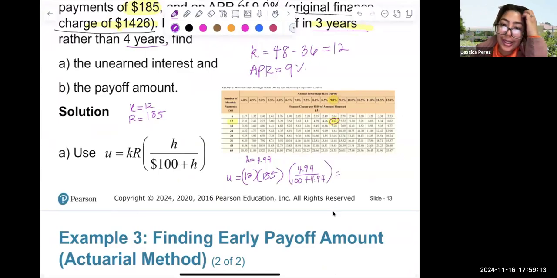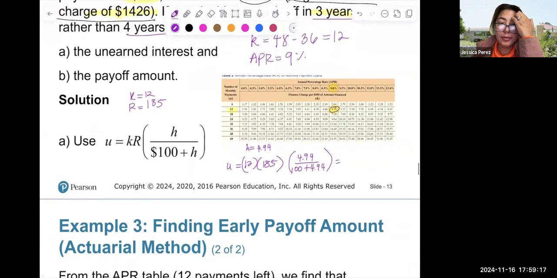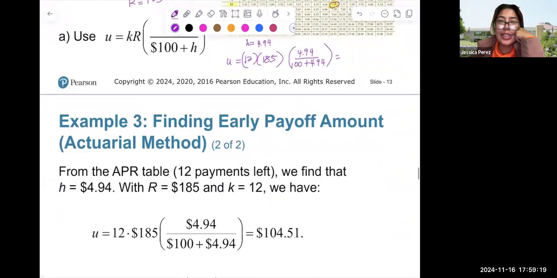I'm going to use my calculator, and when I plug it in, I should get 104.51.